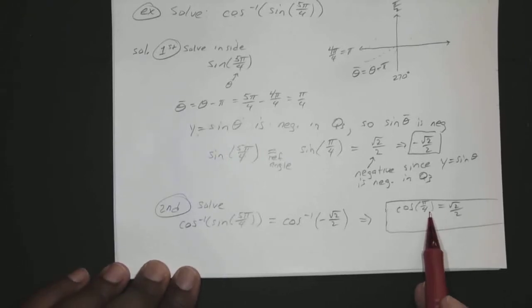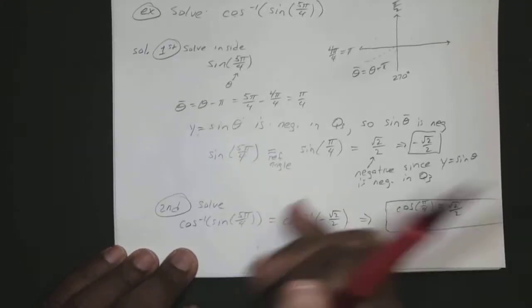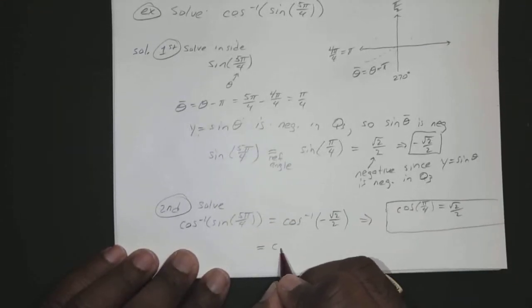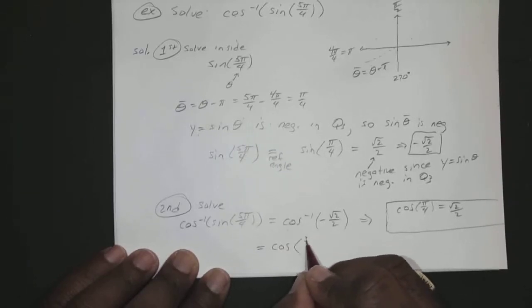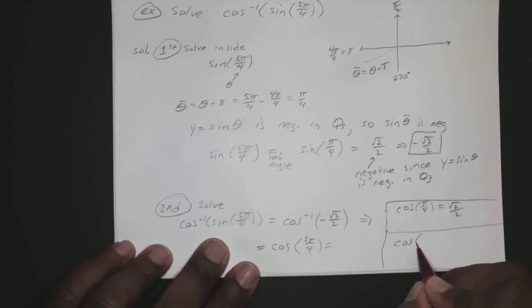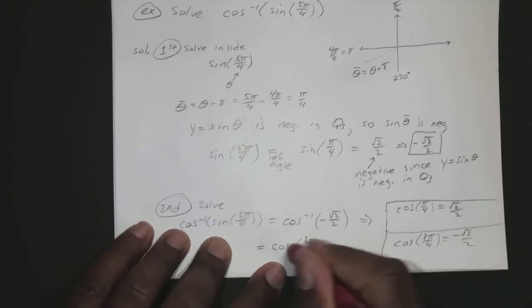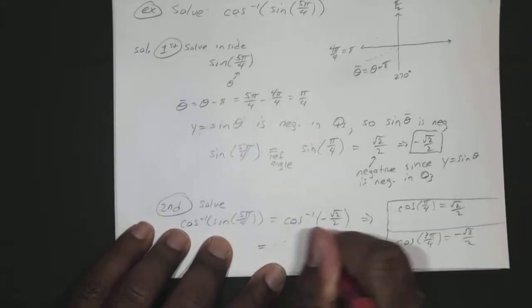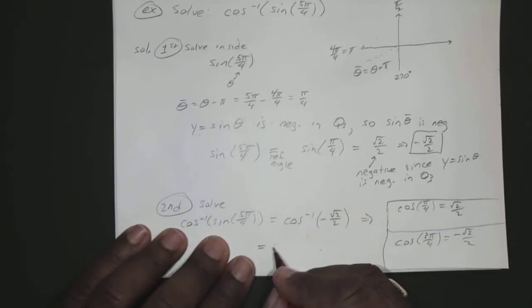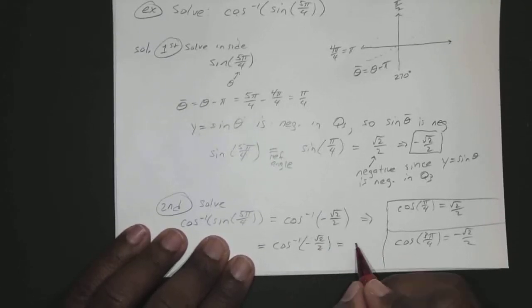So we know that cosine of 3 pi over 4 equals negative square root of 2 over 2. So that means cosine inverse of negative square root of 2 over 2 is actually equal to 3 pi over 4.